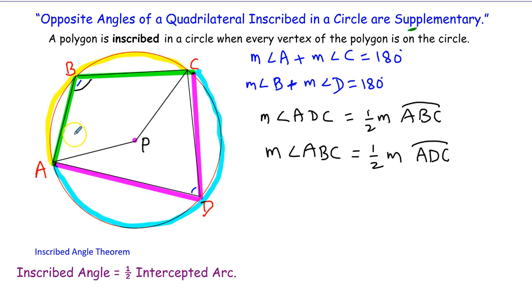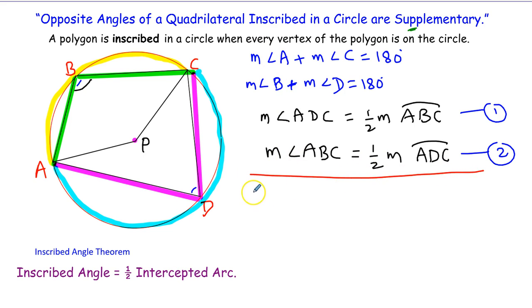Okay, so now we have two equations. The first one is saying the measure of this inscribed angle ADC is equal to half of arc ABC, this yellow arc, and the second equation is saying the measure of this angle ABC is half of this major arc ADC. Alright, now this is the first and that is the second. Now we will add those two equations.